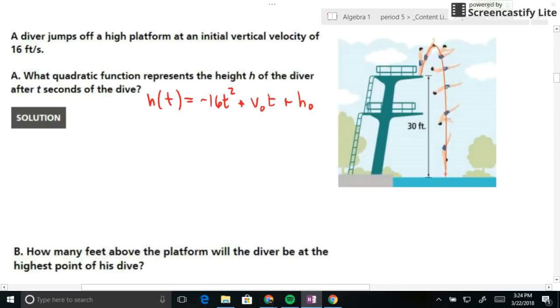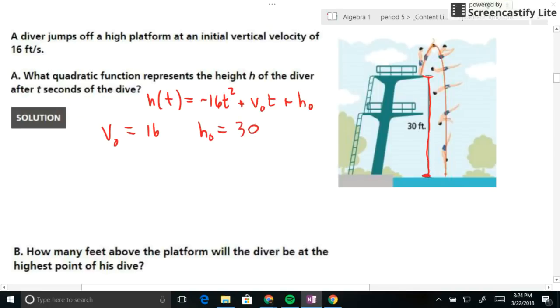So what we need to know is the initial velocity and the initial height. So v sub 0 or v naught is 16 feet per second. And we need the initial height, which is h naught or h sub 0. Over here in the picture, you can see an initial height of 30 feet.